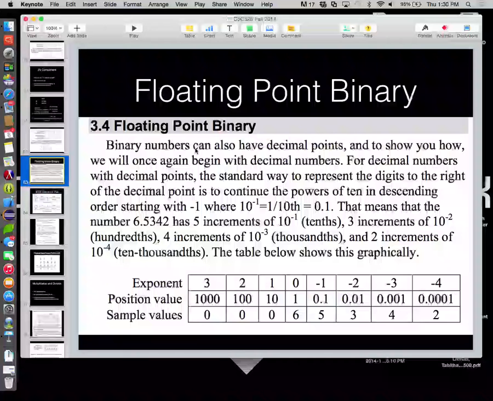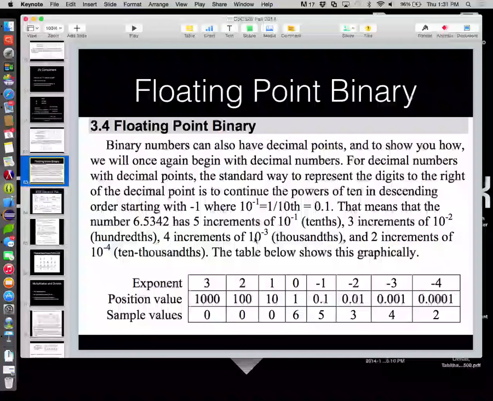So binary numbers can also have decimal points. And to show you how, we will once again begin with decimal numbers. For decimal numbers with decimal points, the standard way to represent the digits to the right of the decimal point is to continue the powers of 10 in descending order. So 10 to the negative 1 is 1/10 or 0.1. That means that the number 6.5342 has 5 increments of 0.1, 3 increments of 0.01, 4 increments of 0.001, and so forth.